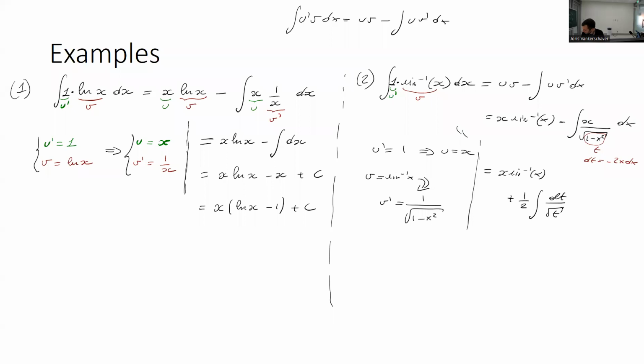Let me just double check that it is right. Okay, so I get a minus that goes there, and then x dx gives me 1/2 dt. Okay, and now I can integrate. Let me actually continue down below so I have a bit more space. x sine inverse of x plus 1/2, and now the integral of 1 over the square root of t, that is the same as the integral of t to the minus 1/2 dt.